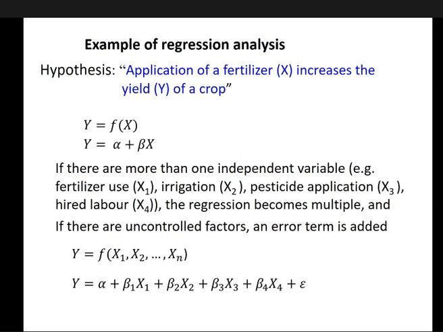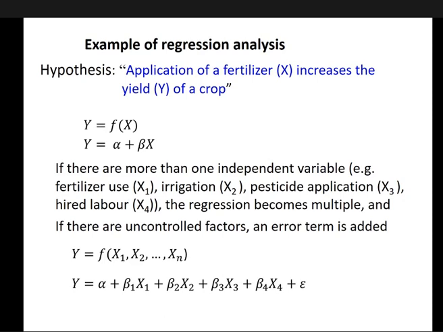So your equation becomes Y equals alpha plus beta X. Y is the yield and X is the amount of fertilizer. The alpha is one coefficient and the beta is another coefficient. The beta will show you by how much Y will change if a unit of X is changed.